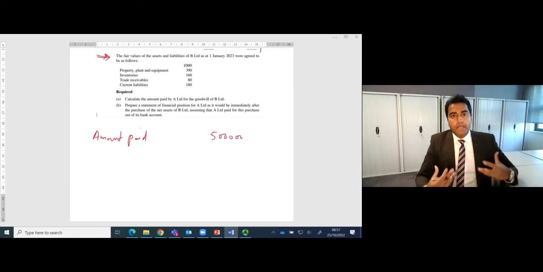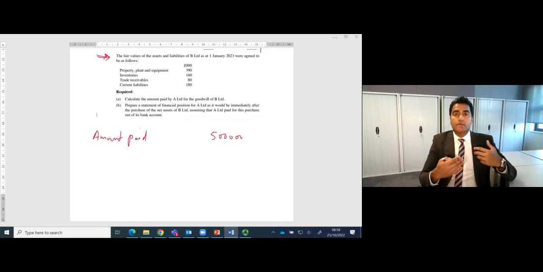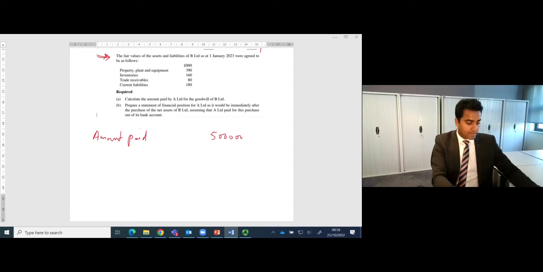And when we are paying a significant amount to buy a company, we are usually paying something more than the value of the assets, and the extra amount is the goodwill, which is the reputation. So the company we are buying is not just selling us the assets, they are also selling us their reputation, so we have to pay some extra amount for the reputation, and that is the goodwill. This is what we are going to calculate first.